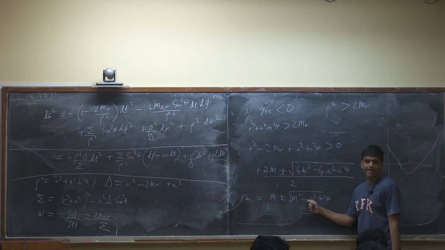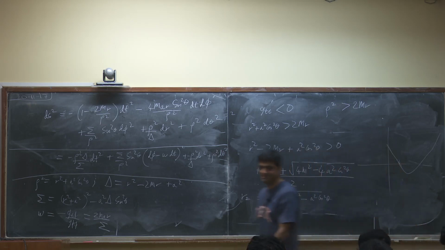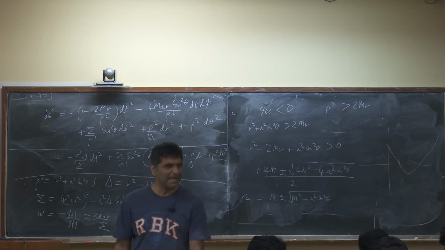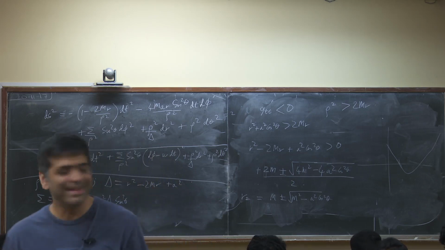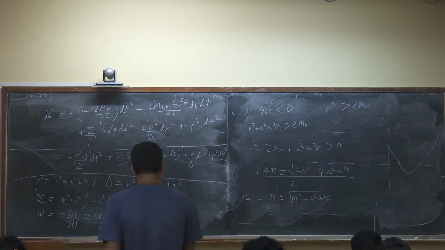Okay, so cos squared theta is bounded from above by 1. So if m squared is greater than a squared, then these two roots always exist. Let us assume, and we will see in a while, that m squared must be greater than a squared.